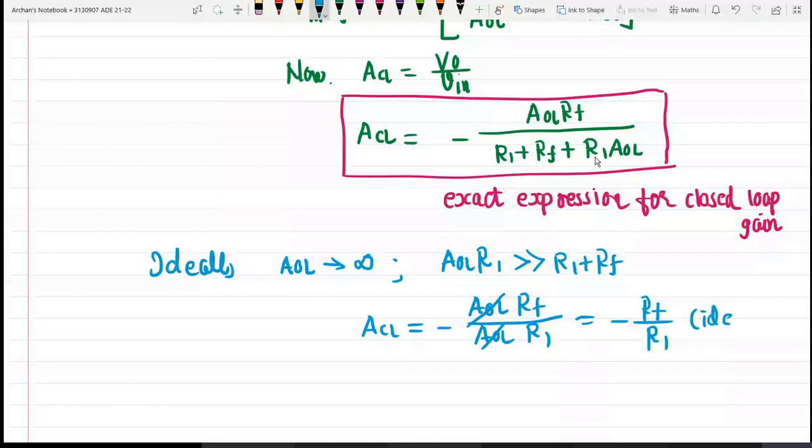So closed loop gain is equal to minus RF by R1, the same expression we derived earlier for the ideal inverting amplifier. So if we consider the practical inverting amplifier, this should be our gain, and if we consider the idealities, then minus RF by R1 will be our gain.